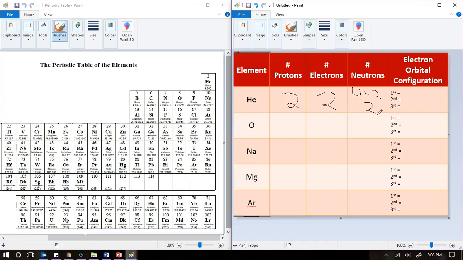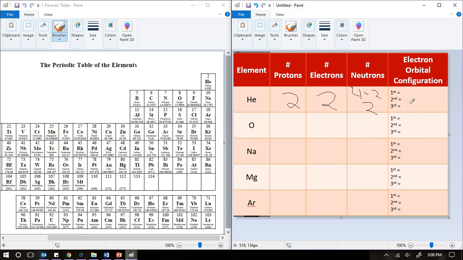The last piece to this is a little bit of practice with those electron orbitals, and the configuration. So I've got 2 electrons in this atom, or this element. And remember, the first level can hold up to 2, the second can hold up to 8, the third can hold up to 8.